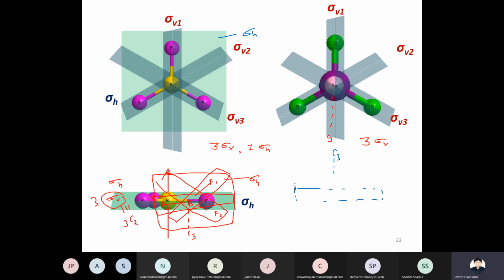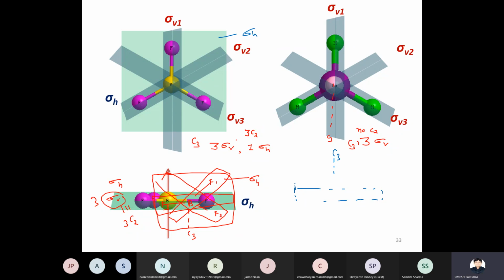Another difference between these molecules is that BF3 has 3 C2 axes, but NH3 does not have any C2 axis, because of the lone pair. The similarity is that both have C3 as the principal axis, but here there is no C2, and here there are 3 C2.